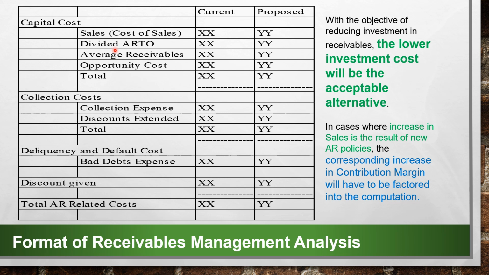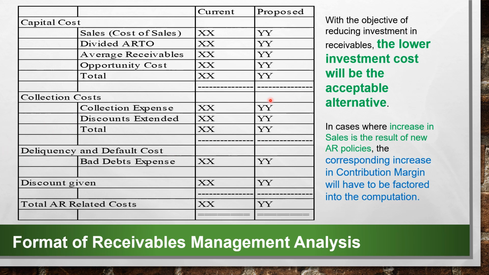If we have, for example, days sales outstanding of 30, you divide 360 by 30, and that is your turnover, the number of times that accounts receivable will turn over in your operation. So just plug it in to get our average receivables, then we add the opportunity cost. Okay, so that will be our total capital cost.